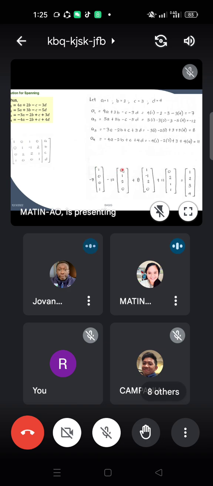Let's say negative 7 times 1 plus 0 plus 0, the result is 1. Then 0, negative 12 minus 8 plus 22, the result is 2. Then 0, negative 24 plus 16 plus 11, the result is 3. Negative 7 plus 0 plus 0 plus 11, the answer is 4.